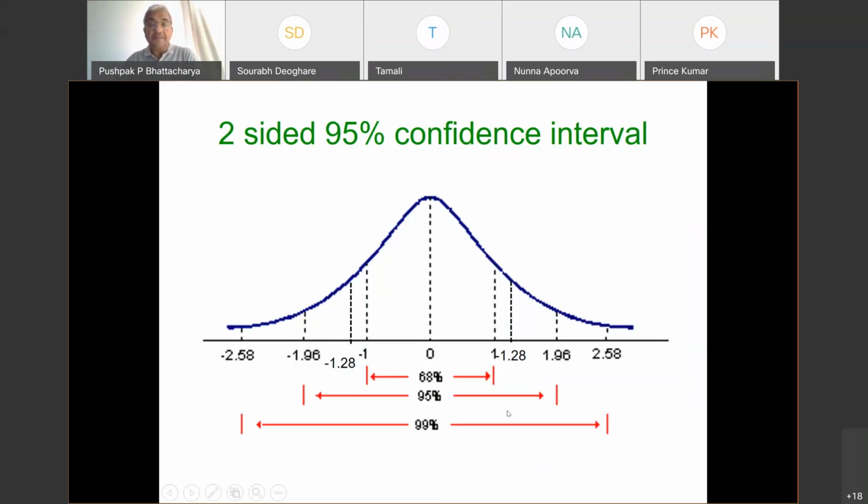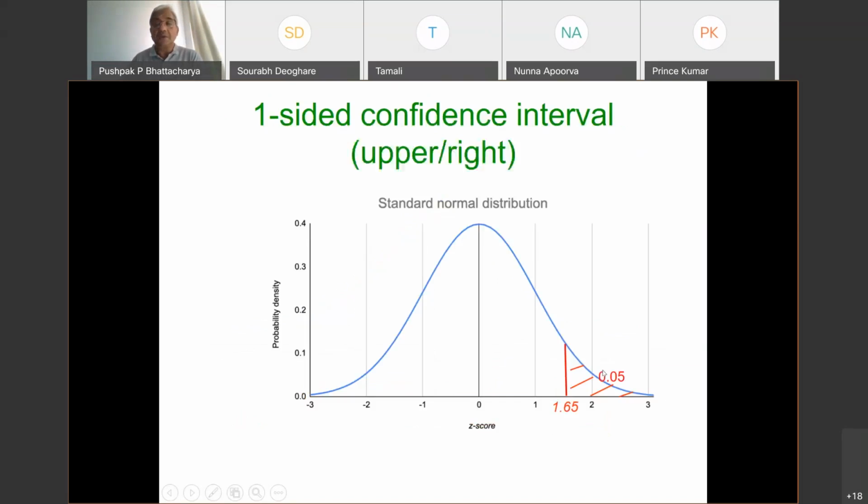So pictorially, the 95% confidence interval is from minus 1.96 to plus 1.96, as you see. 90% minus 1.28 to plus 1.28. 99% minus 2.58 to plus 2.58. And we know that when we are allowed only one-sided test, the critical value of Z moves inward.